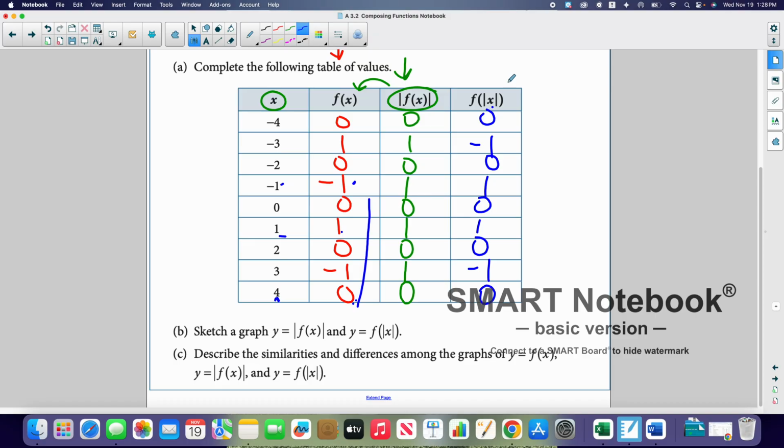Describe the similarities and the differences when we're graphing f of x, absolute value of f of x, and the f of the absolute value of x. All right? Write me a little sentence at the bottom of the page. And I have a couple little statements there.